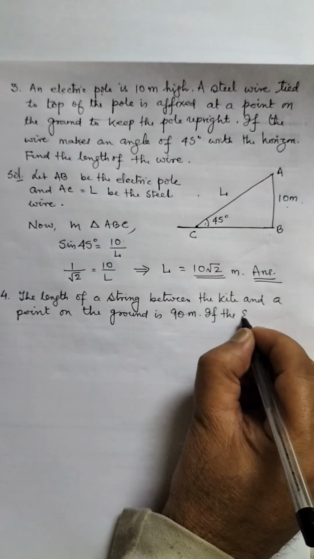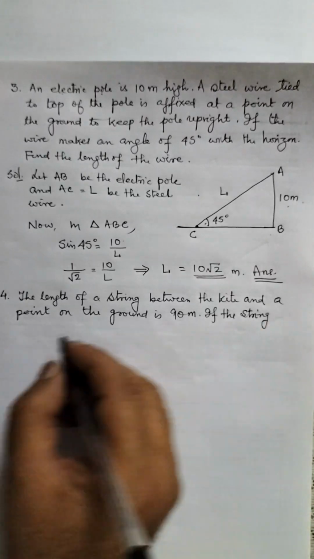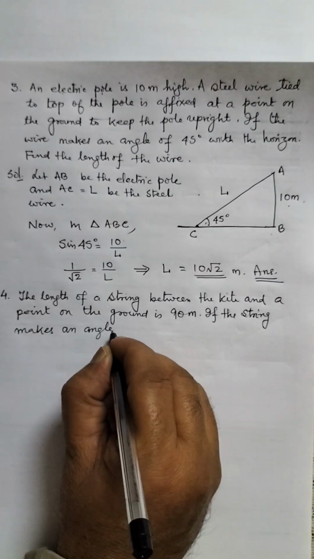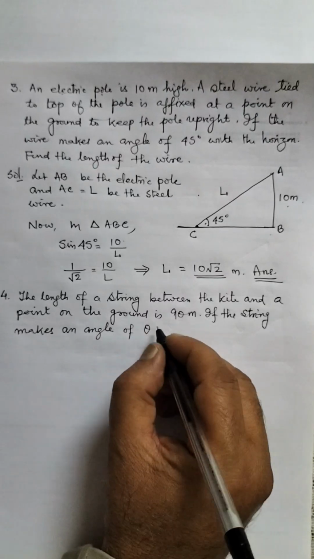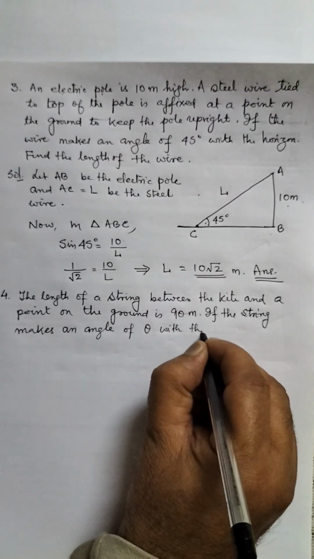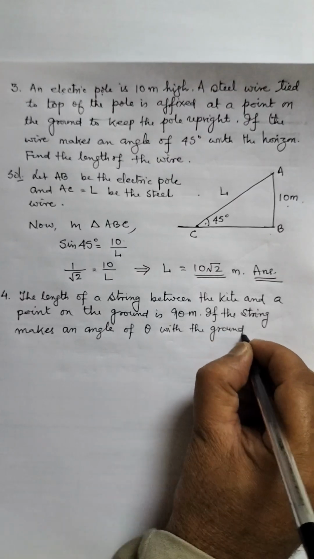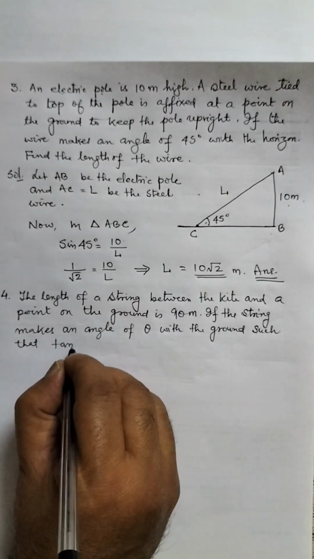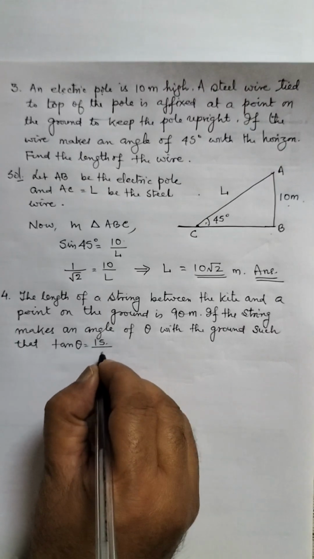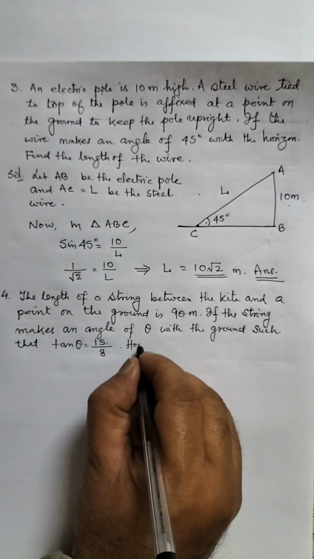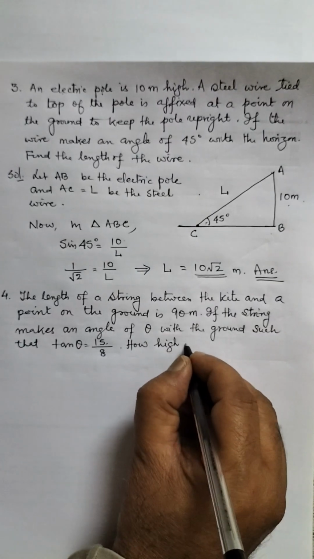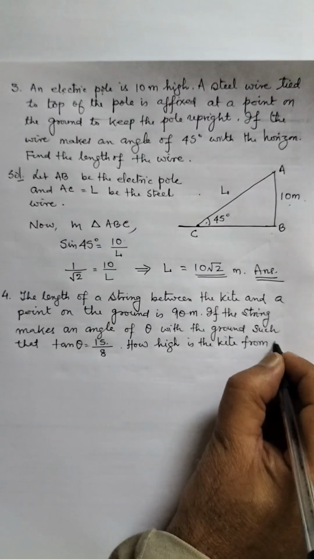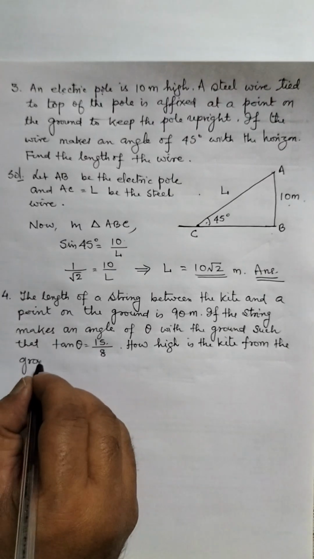If the string makes an angle of theta with the ground such that tan theta is 15 upon 8, how high is the kite from the ground?